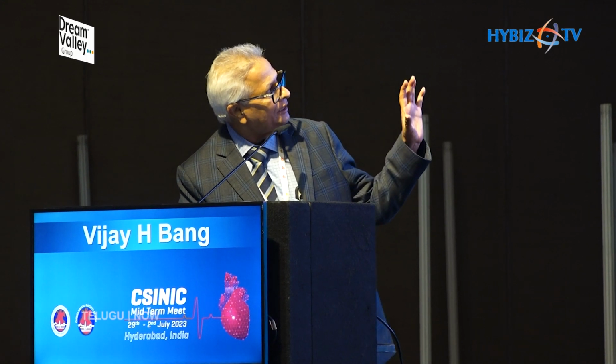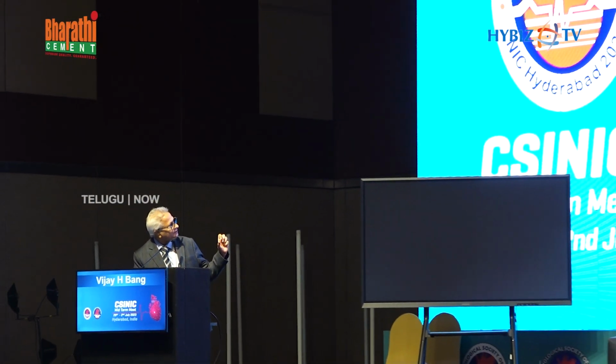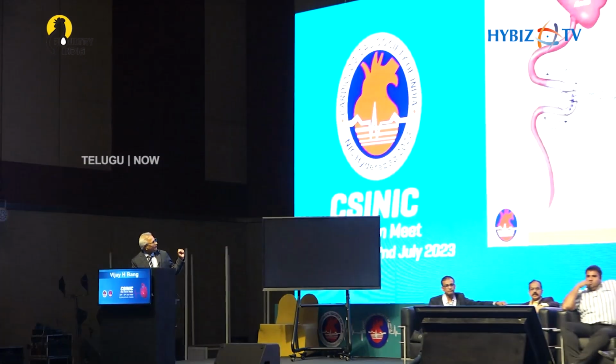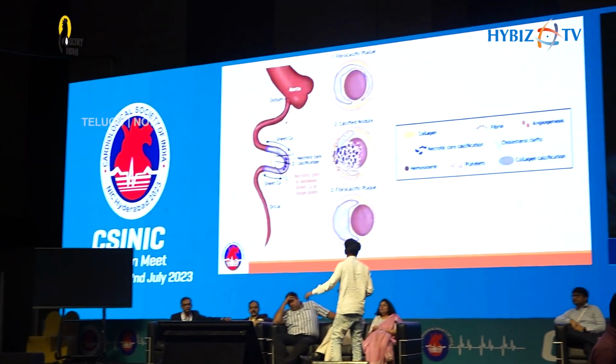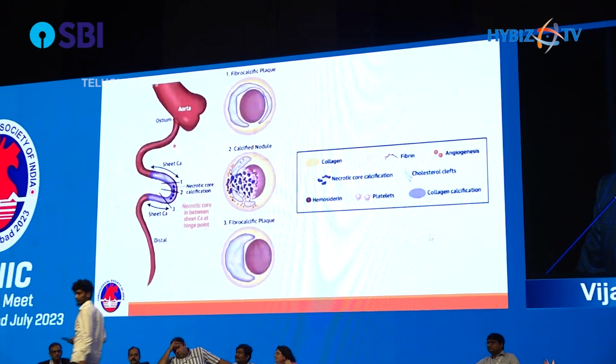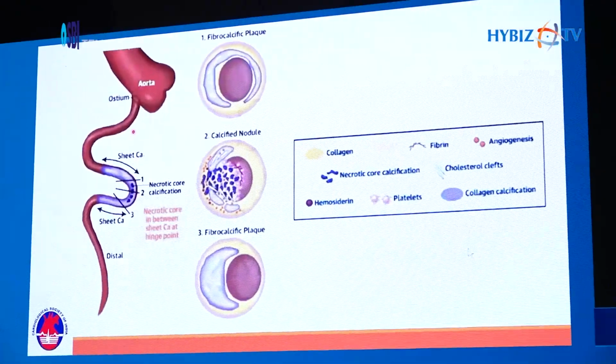Just to highlight, before and after the bend you can see a calcium sheet, which is labeled there, and you can see a necrotic core. Then when the heart contracts, that area particularly initiated the calcific nodule, which is at the bend.